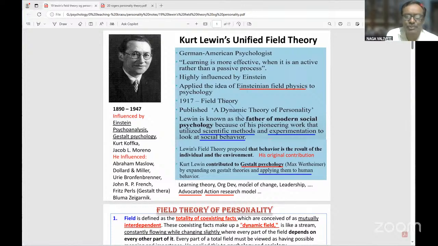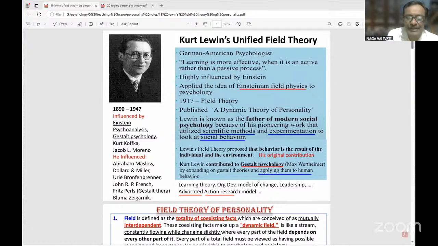So many new elements he introduced and contributed to the development of fundamental psychology as well as social psychology. So the field theory in psychology is a unique contribution.